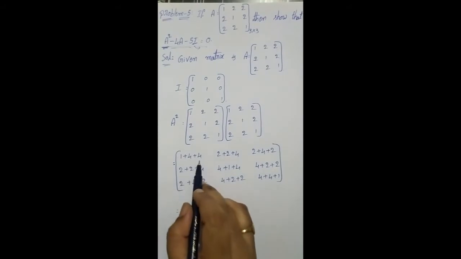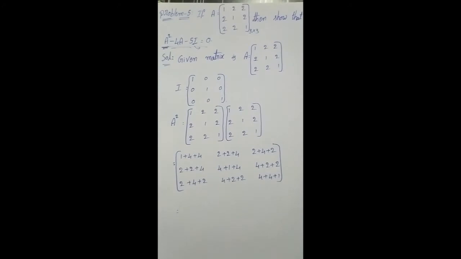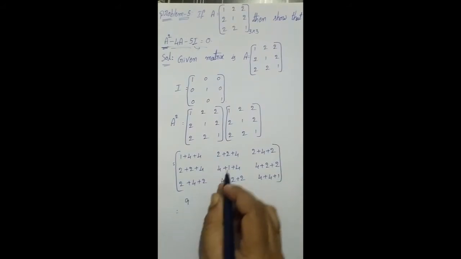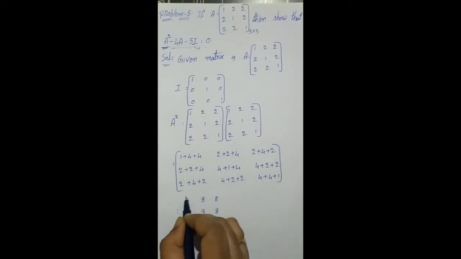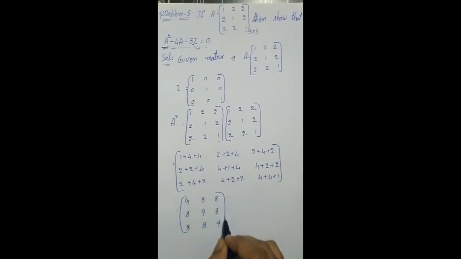After addition, 4 plus 4, 8, 8 plus 1, 9. So we get 9, 8, 8, 8, 9, 8, 8, 8, 9. This is the A square value.